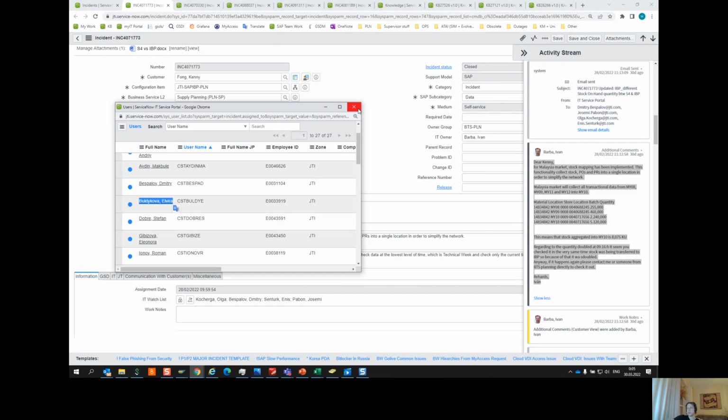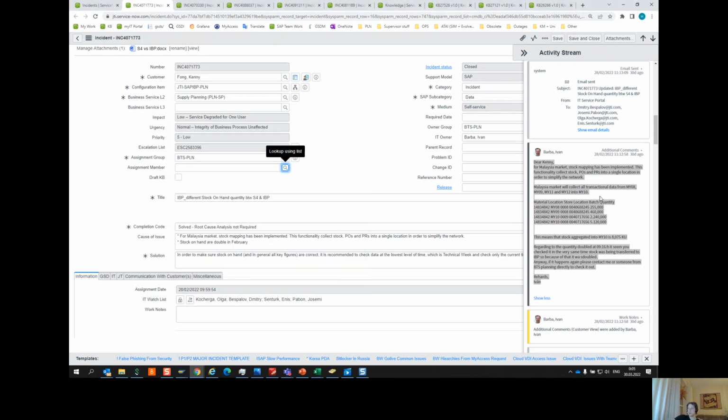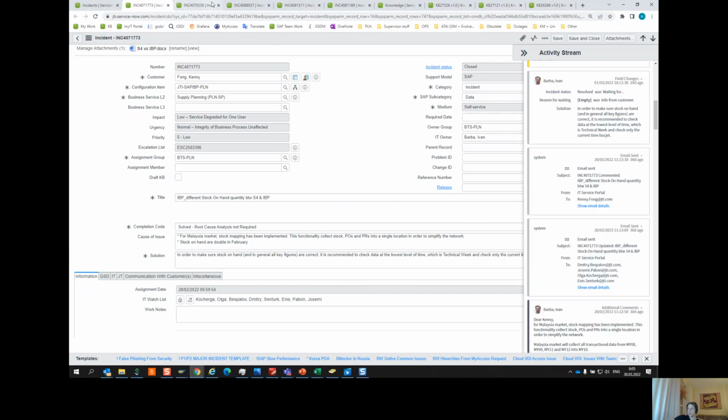Same with R2R: the R2R perf team will not take the incident of BTS R2R ops and so on. So it's just a really strict separation and distribution of scope areas, right? So that's how the incident looks like. Okay.